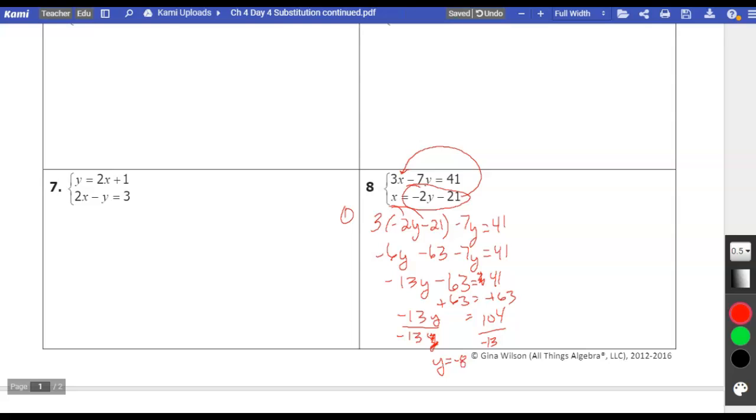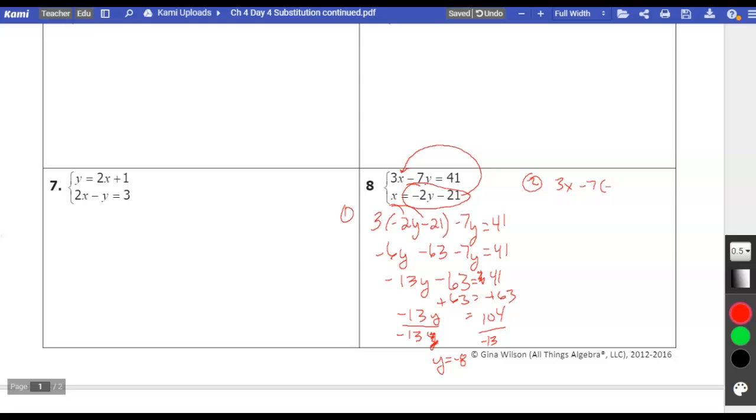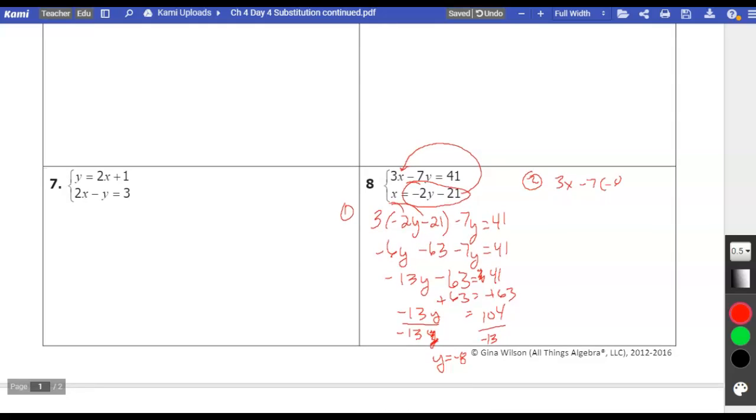As I started to go through this problem previously, I started to get some decimals, and then checked my work, and it didn't work. So now I go back in. Now I have negative 8, so I have 3x minus 7 times negative 8, and that equals 41. 3x plus 56 equals 41.